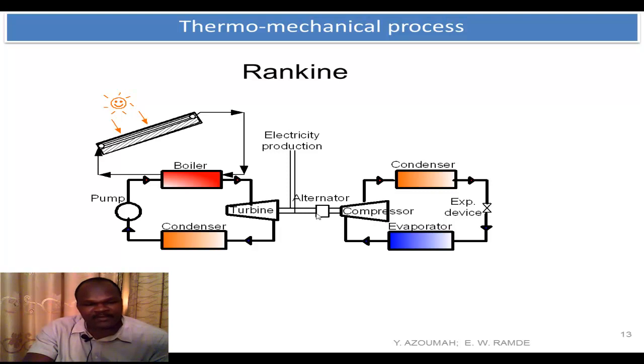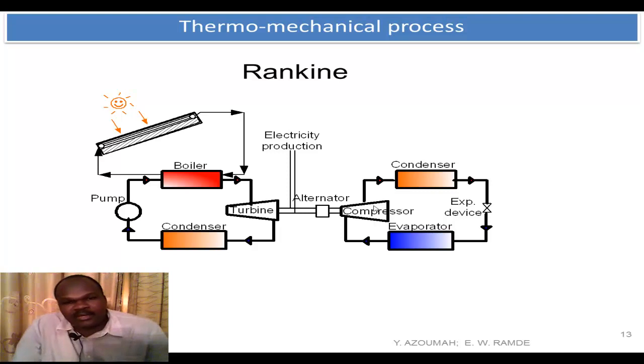And if you still have some work in excess, you can generate electricity. But here, we are not generating electricity for powering the cooling system. We have mechanical shafts, and then we power the refrigeration system directly.